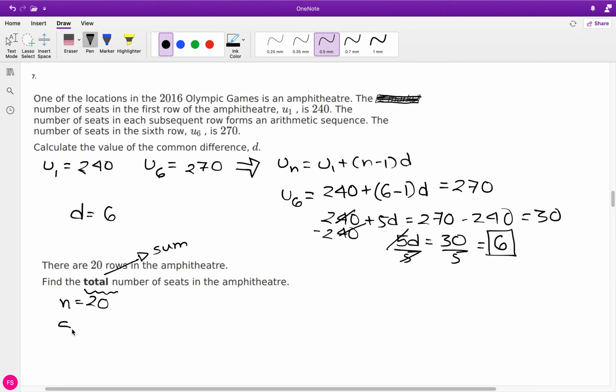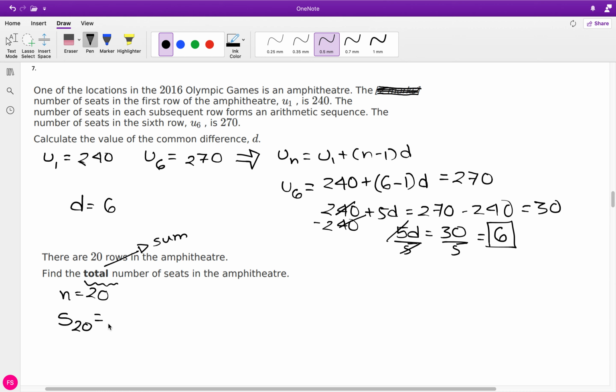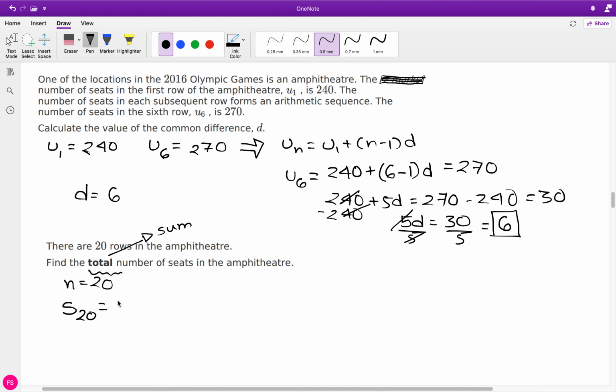So I need to find the sum of the first 20 terms of this series. Let me do that. I'm going to use the formula for the sum, which is n over 2 times 2u1 plus n minus 1 multiplied with the common difference.